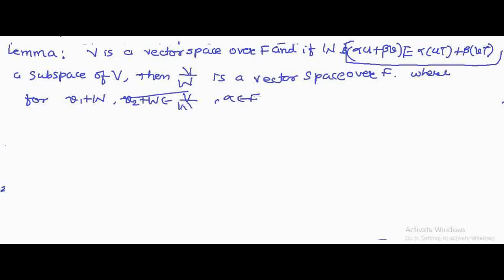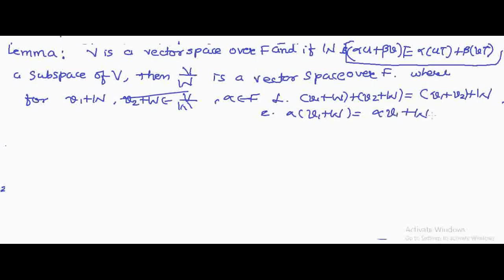And alpha belongs to F. We define how to add: V1 plus W plus V2 plus W equal to V1 plus V2 plus W, and the second one is alpha into V1 plus W equal to alpha V1 plus W. This is the definition of addition and scalar multiplication in the set V by W. Then V by W is called a quotient space.